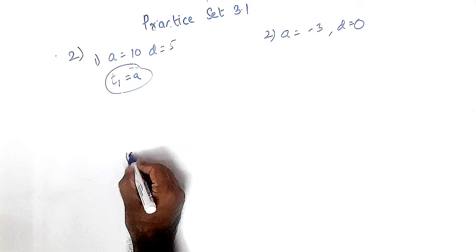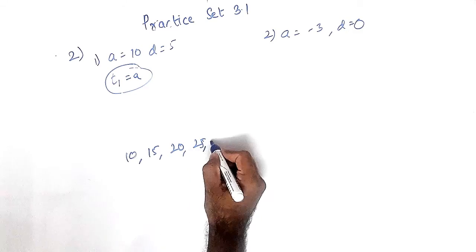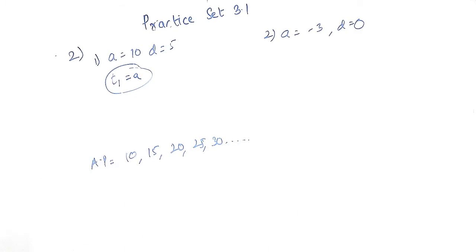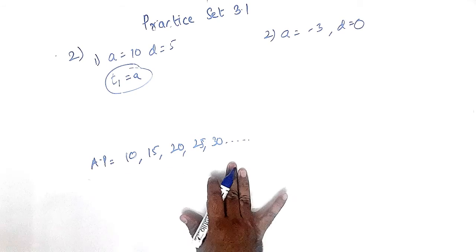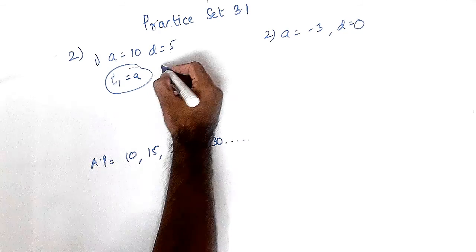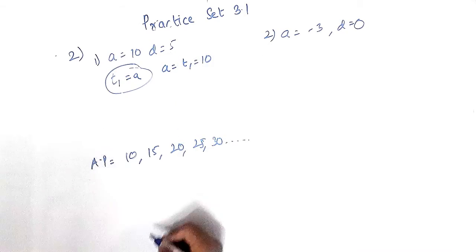It is very easy, any child of 5th and 6th standard also can write it. This is 10, common difference is 5, so I can write 10, 15, 20, 25, 30. This is the arithmetic progression. Okay, but straight away you cannot write the answer, you have to show the steps. Okay, so I'll first write A equals to T1 equals to 10.